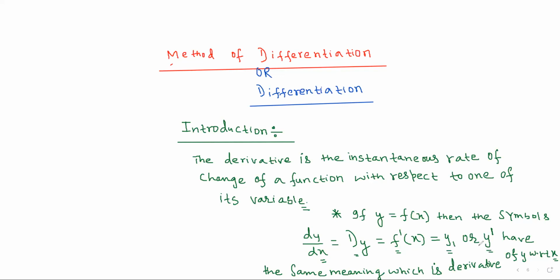Okay. So that is the basic terminology about differentiation. I think, guys, you are all clear. Yes, sir. Okay. But what does dy by dx mean? Dy by dx means the differentiation of y with respect to x, the instantaneous rate of change of y with respect to x.